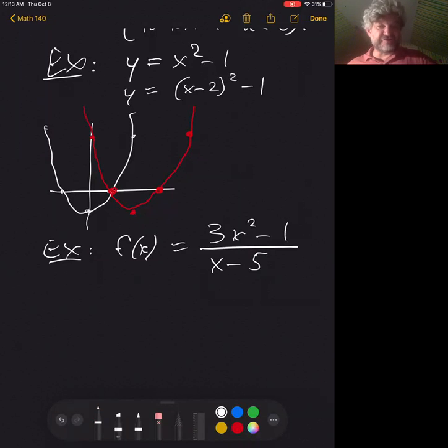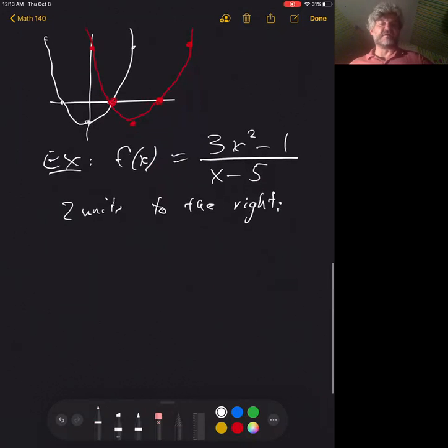Shift that 2 units to the right. It means, again, replace every x here by x minus 2.